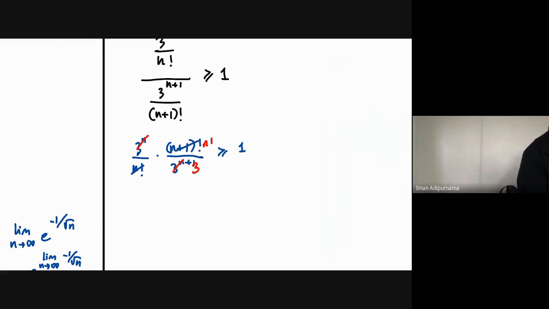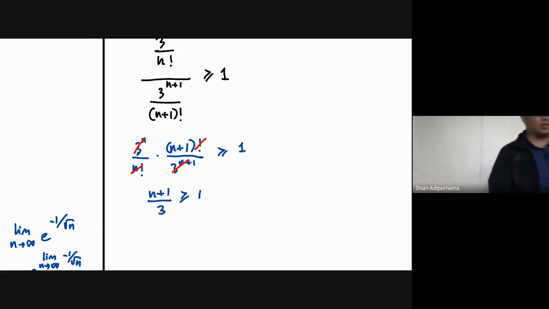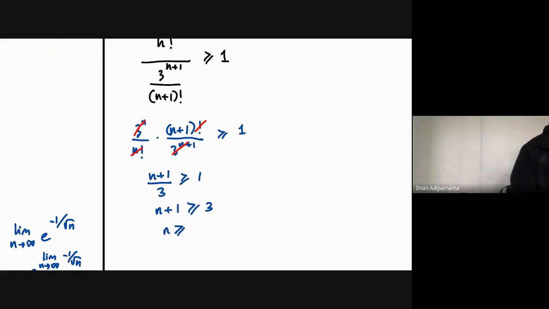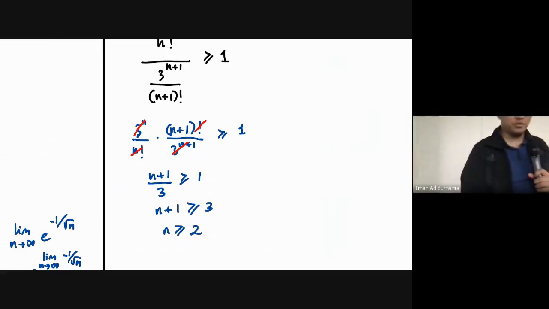Wait. Wrong canceling. Sorry. This and this. Okay, so n plus 1 over 3. Correct, right? So n plus 1 should be greater than or equal to 3. So n at least should be from 2.